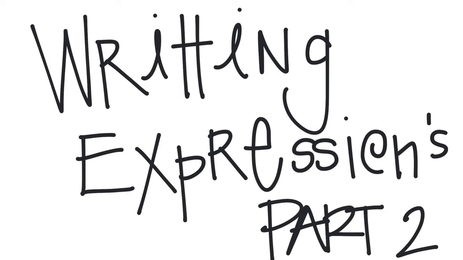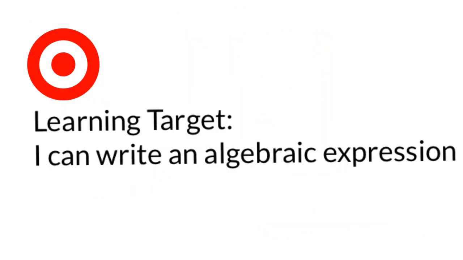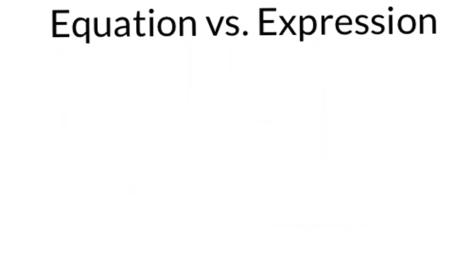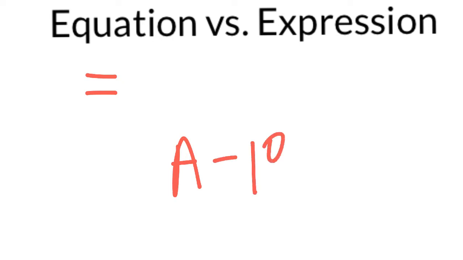I would love to help you and work through this with you, but today is the same concept, and we're going to introduce story problems along with it. So same learning target as yesterday: I can write an algebraic expression. And again, remember, equations have an equal sign, expressions do not. So I could have, let's say, a number minus 18.